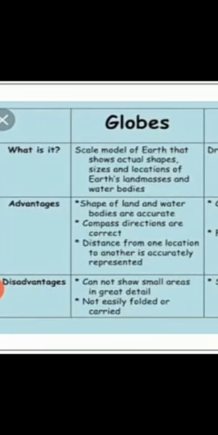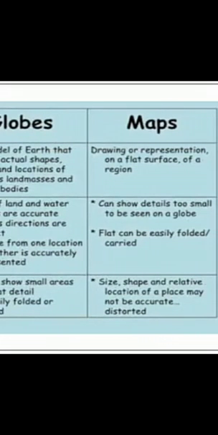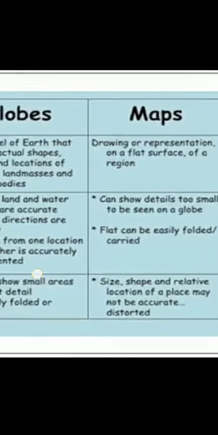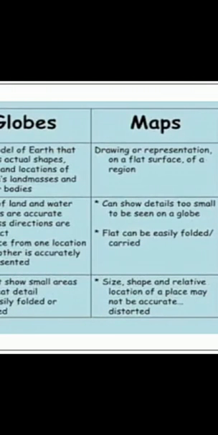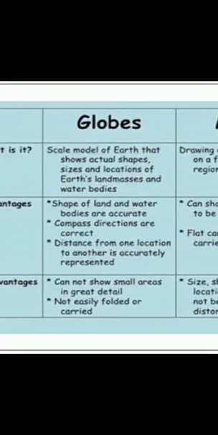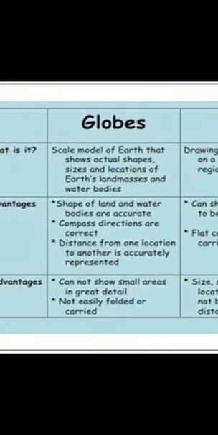Everybody knows it is not carried easily. And on maps, the size, shape and relative location of a place may not be accurate. On a map we cannot say that the information given is accurate, but on a globe we can say the information is correct and accurate. So these were the advantages and disadvantages of globes and maps.